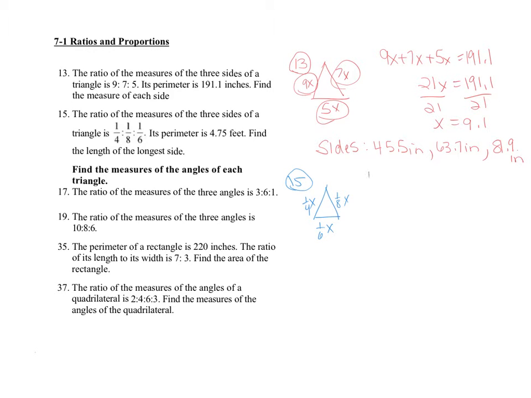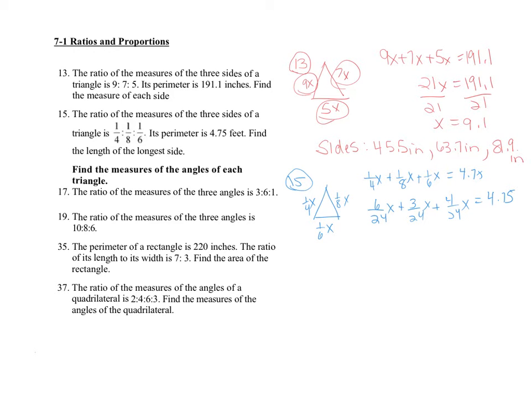We're going to have to add these up. With 4, 8, and 6 as denominators, our common denominator is going to be 24. So that gives me 6 over 24, 3 over 24, and 4 over 24.